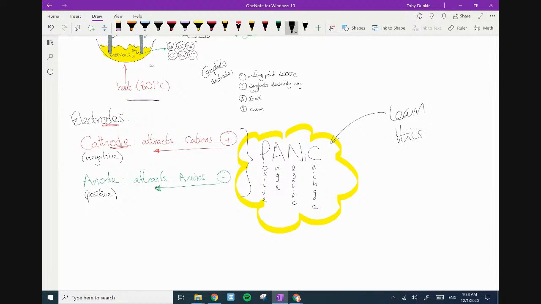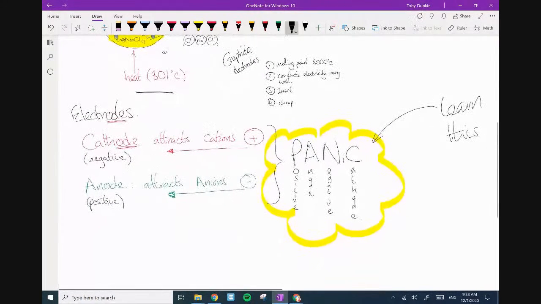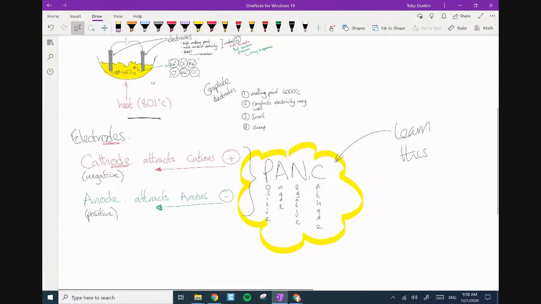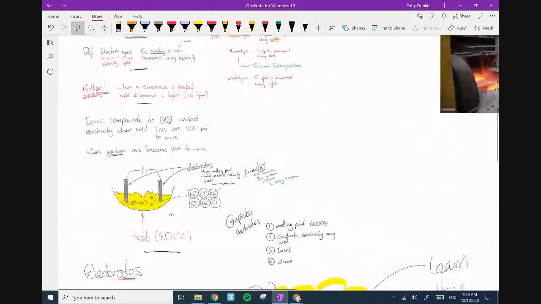Cannot stress how useful this is, because they're going to say, write the redox equation that's happening at the cathode. And you'll go, oh, what's the cathode? Positive anode, negative cathode. The cathode is negative. It's going to attract the positive ions. And it makes everything so much easier.